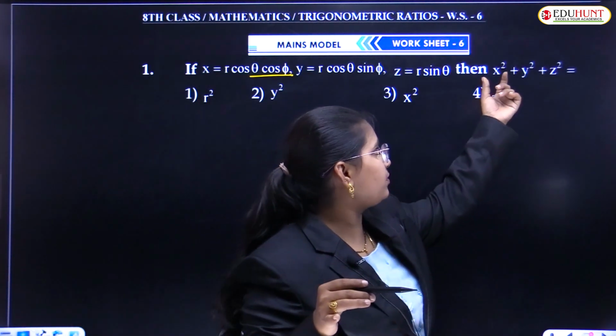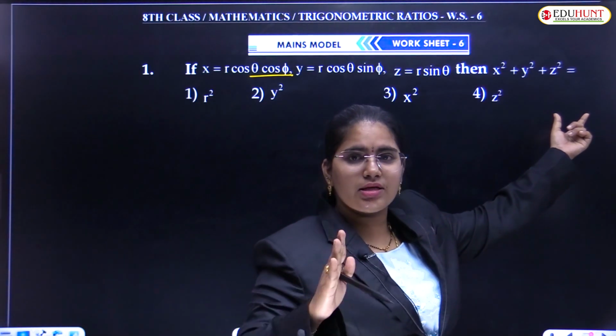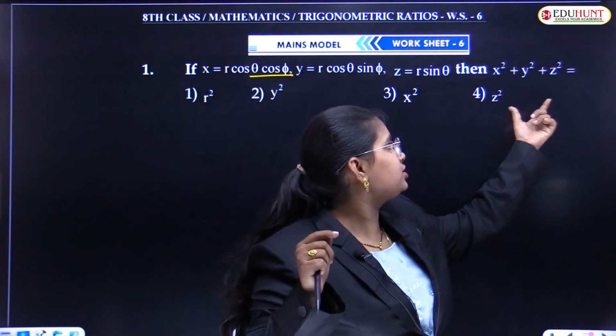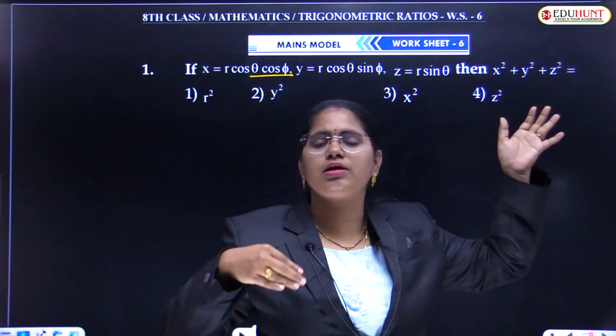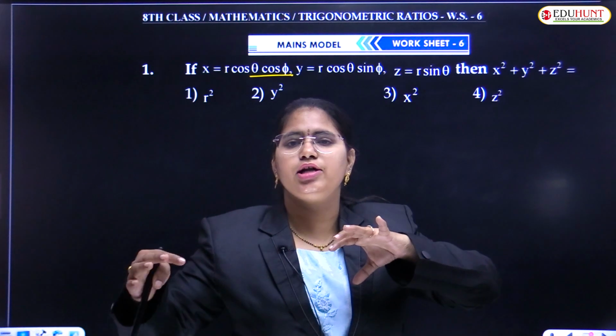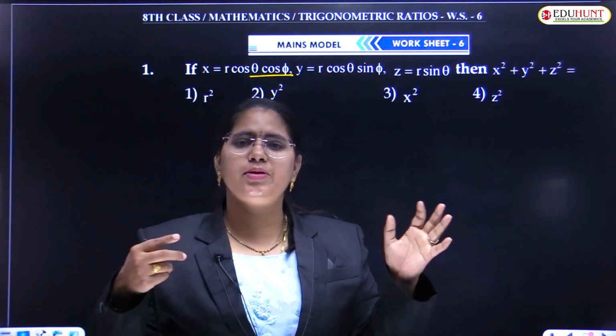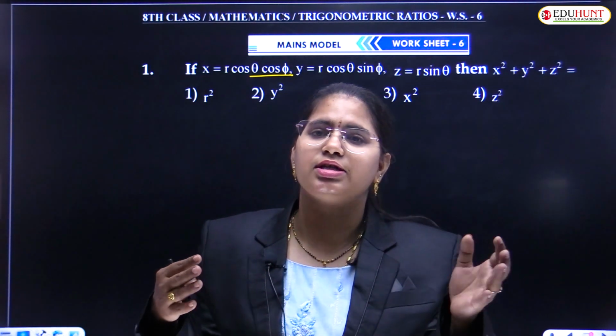If you observe the question, they are asking for the value of x square plus y square plus z square, so you won't find theta in the answer. You need to eliminate theta and get the result in terms of x, y, z, or a, b, c, any parametric form, despite the thetas.